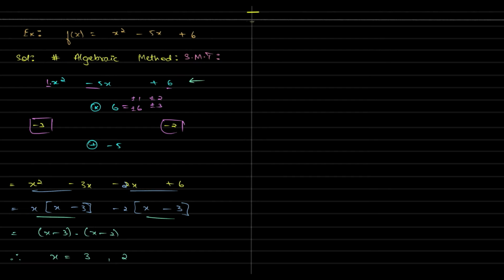We have a formula method too for this. This you will be seeing in a different chapter, but I'm just showing it. The formula goes like this. First you have to find something called d, which is b square minus 4ac, b being the coefficient of x, a being the coefficient of x square, and c being the constant.